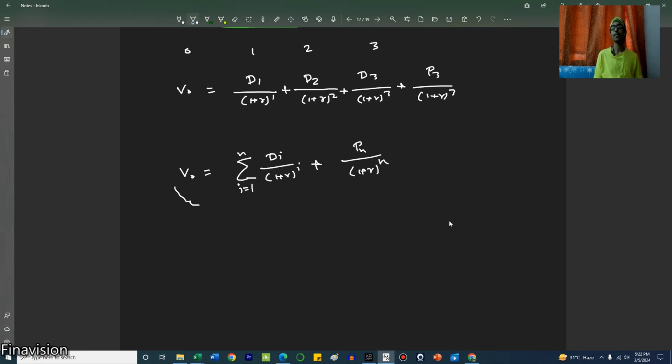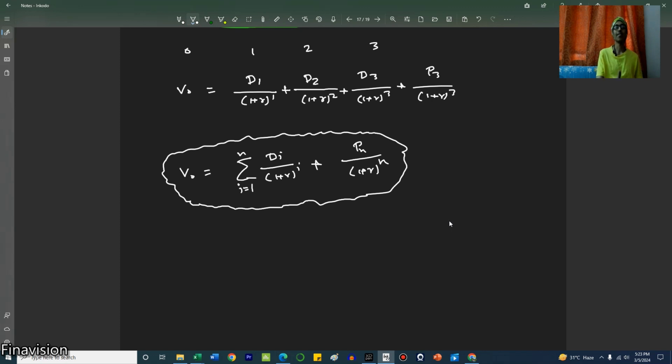So this is the expression for a holding period of n periods, where you are getting D1, D2, D3, D4 till Dn amount of dividends, and you are selling the investment at price Pn at period n, and r is the required rate of return. So this is how you do it.